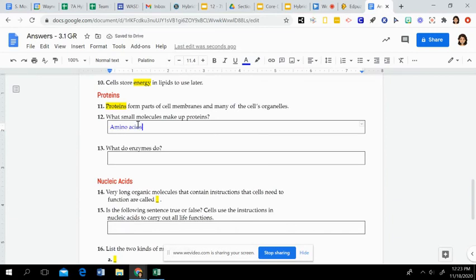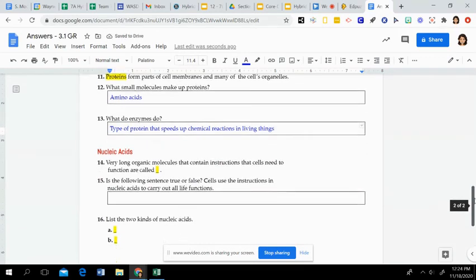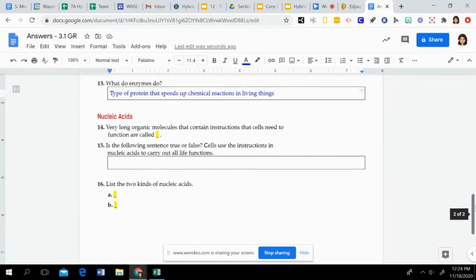And then what do enzymes do? You can just provide the definition. They are a type of protein that speeds up chemical reactions in living things. And moving on to our last section, nucleic acids.